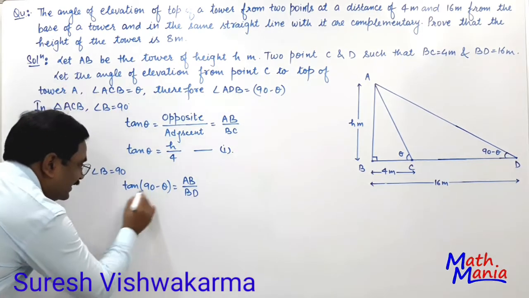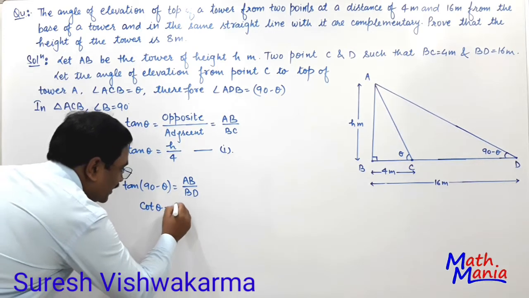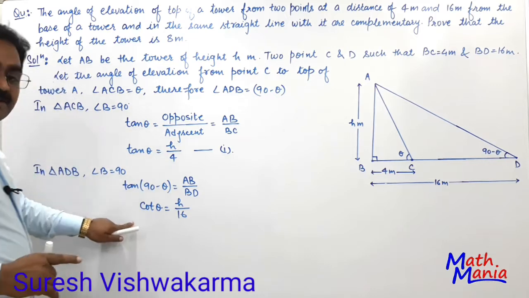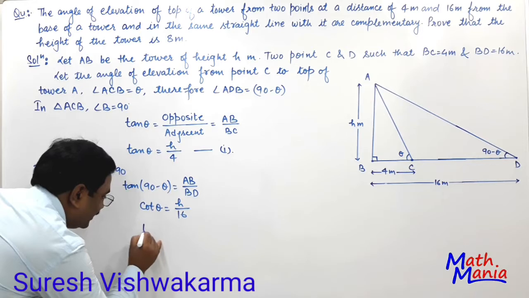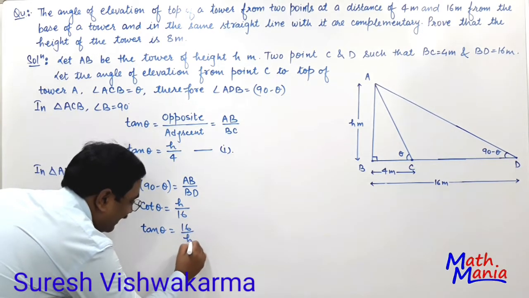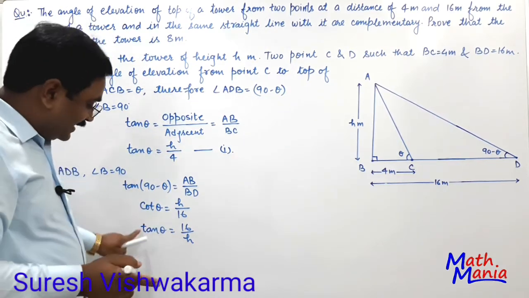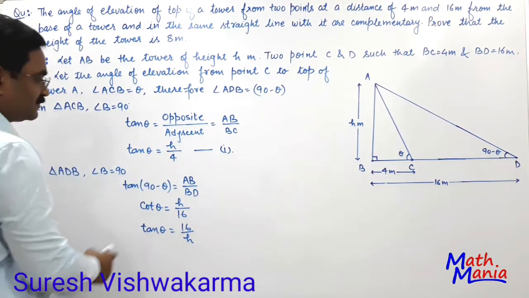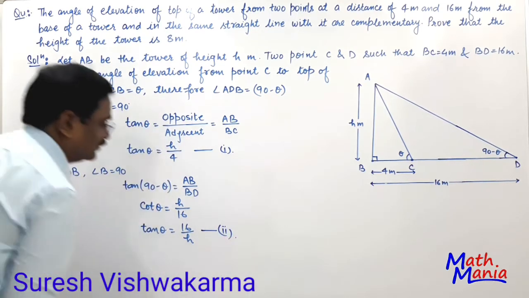Therefore tan 90 minus theta, you know the formula, is cot theta, equals to AB which is H upon BD which is 16. So this cot theta is opposite of tan. So if you write this in the form of tan theta, tan theta is equals to 16 upon H. Say this is equation number 2.